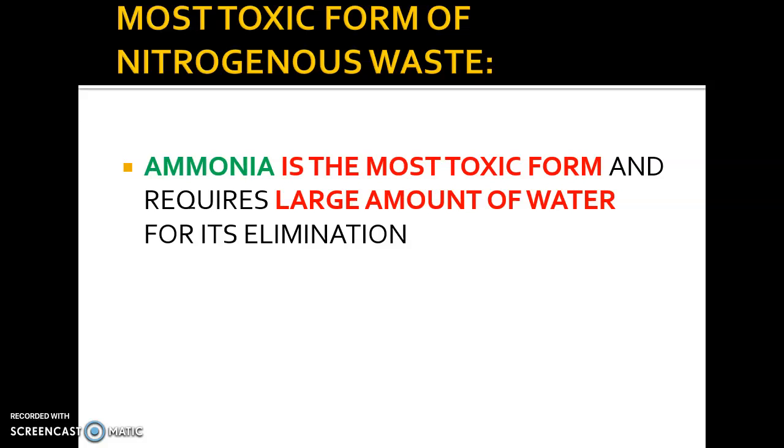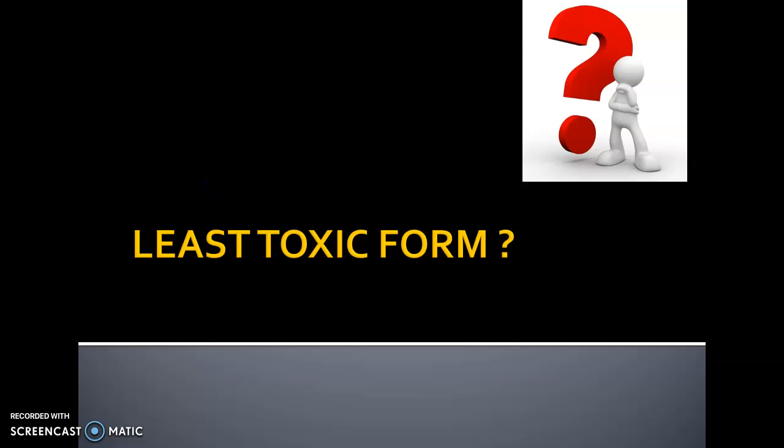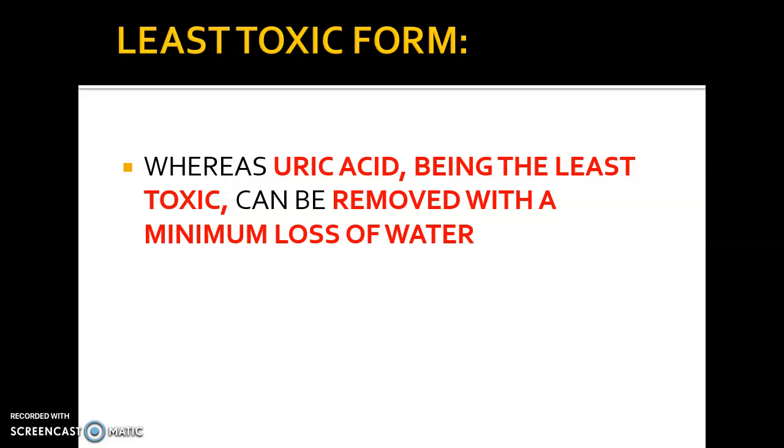So which is the most toxic form of nitrogenous waste? It is ammonia. We are left with the question, which is the least toxic form out of the three, ammonia, urea as well as uric acid? We have already got the answer that ammonia is the most toxic form, so the least toxic form is uric acid. Uric acid, being the least toxic, can be removed with a minimum loss of water.